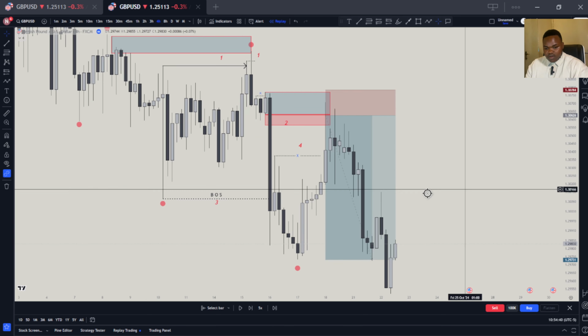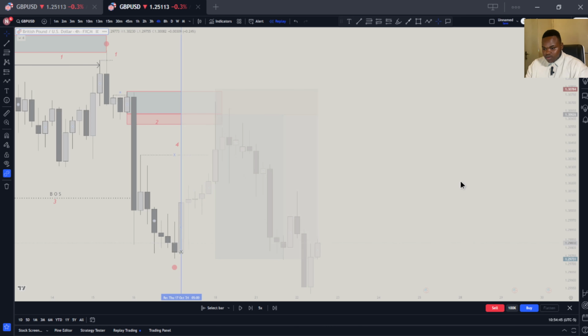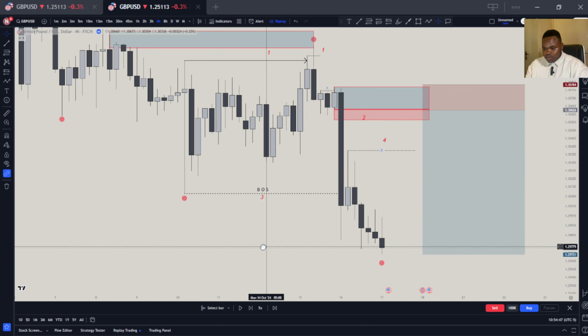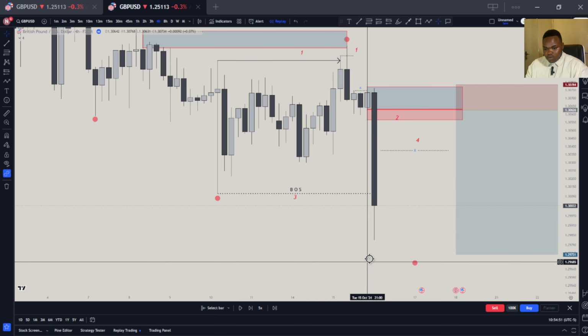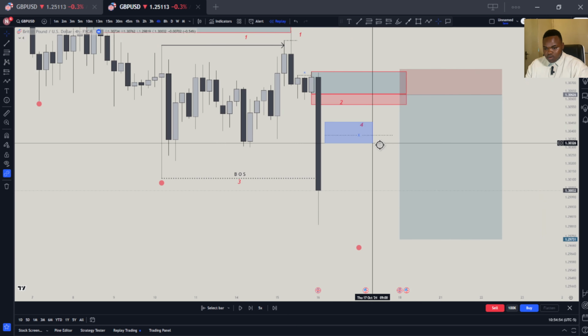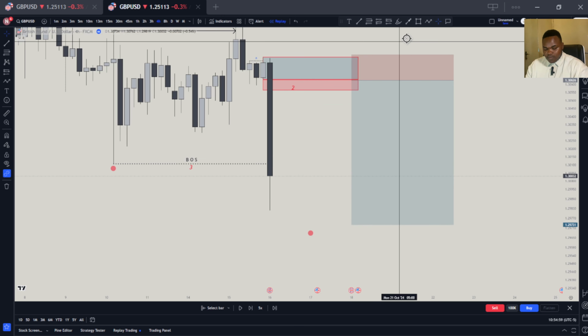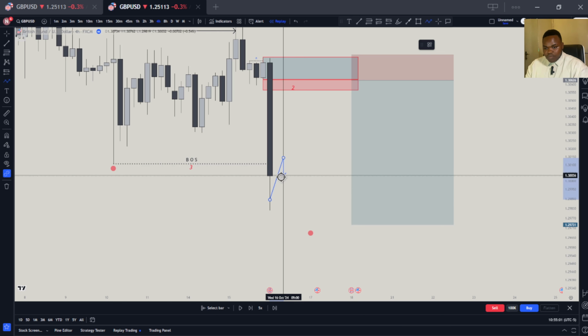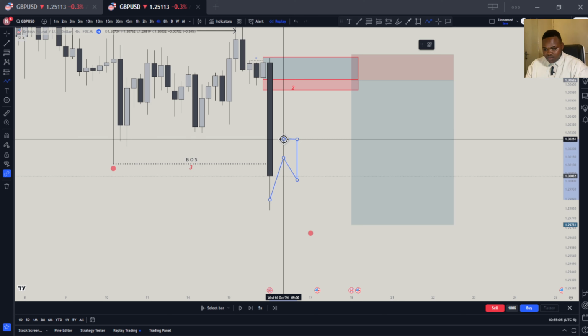Also, one more thing. Let me play price back. Let us assume price didn't give us this liquidity here, that high that was here.